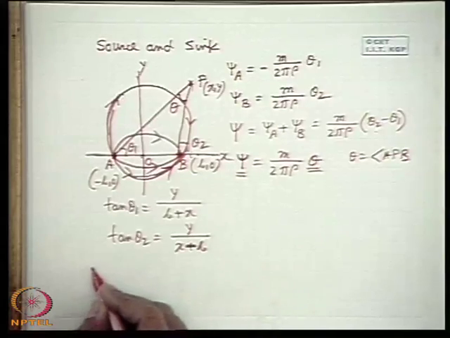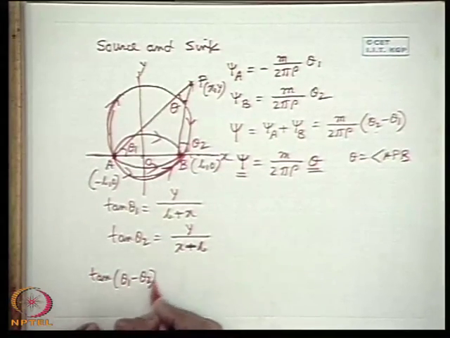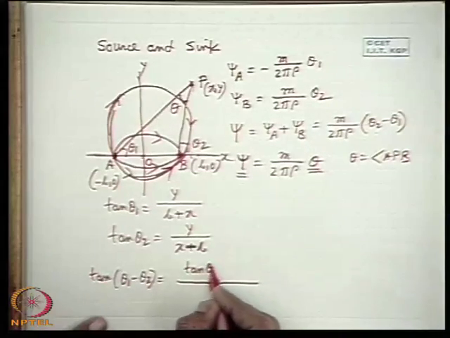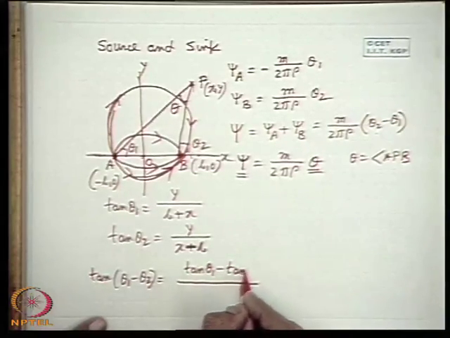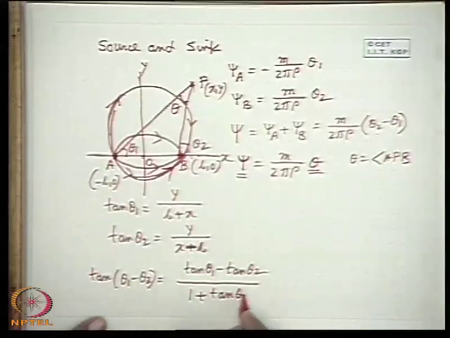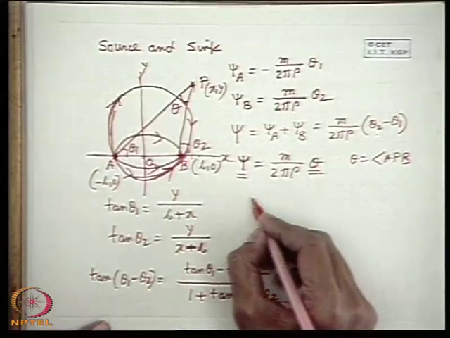All right. So therefore, we can write tan of theta 1 minus theta 2, and you know the formula for this, tan theta 1 minus tan theta 2 divided by 1 plus tan theta 1 tan theta 2.